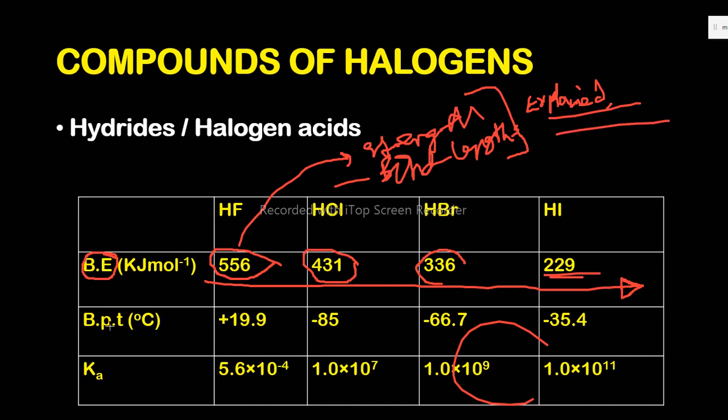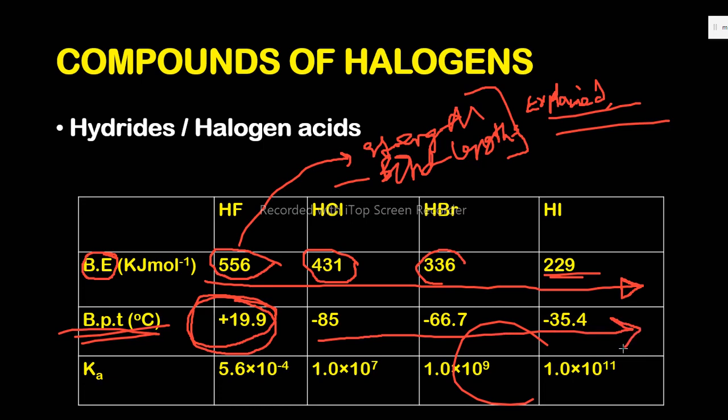Now, for boiling point, we can see that for hydrogen fluoride, it is abnormally high. Then, from hydrogen chloride, normally, there is an increase in the boiling point. Are you able to see the increase?